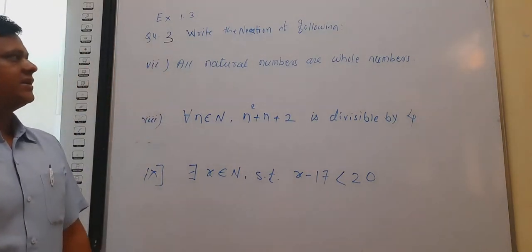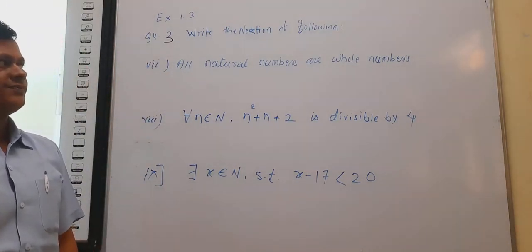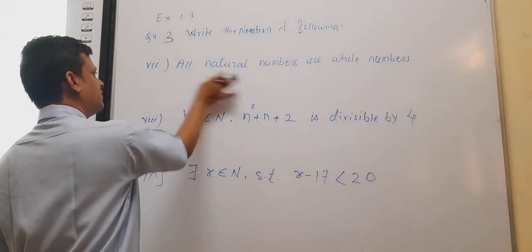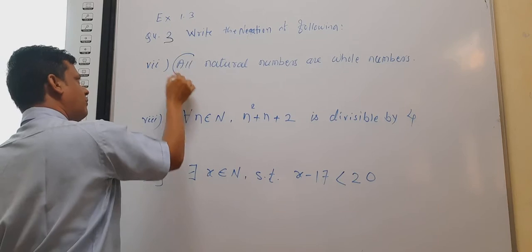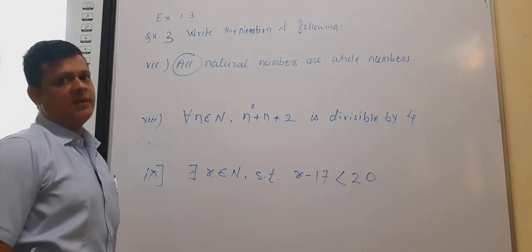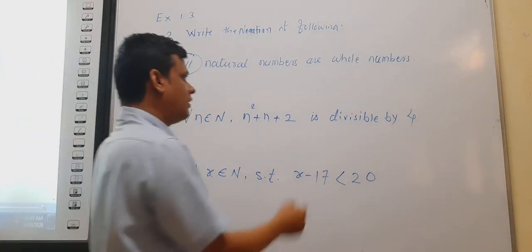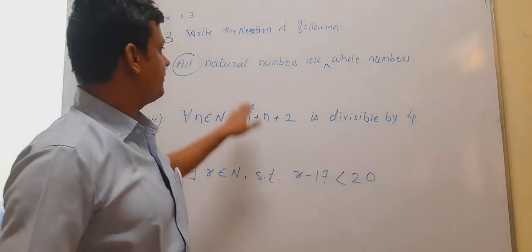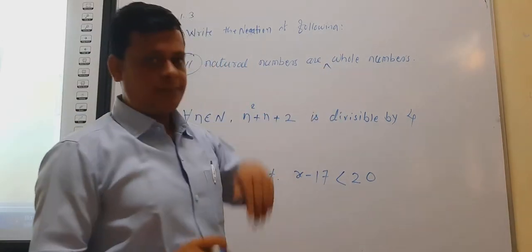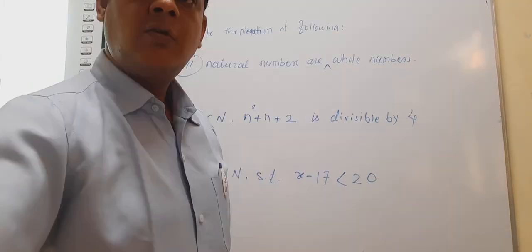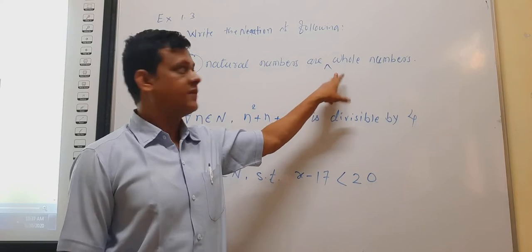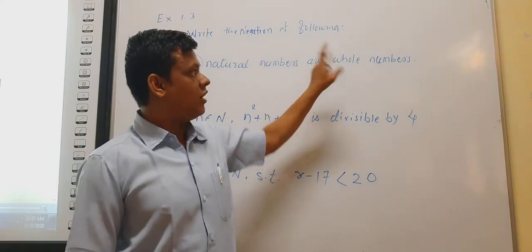All natural numbers are whole numbers. While making the negation, the word all we have replaced by some. And do not forget to write negation of the second statement also: are not whole numbers.